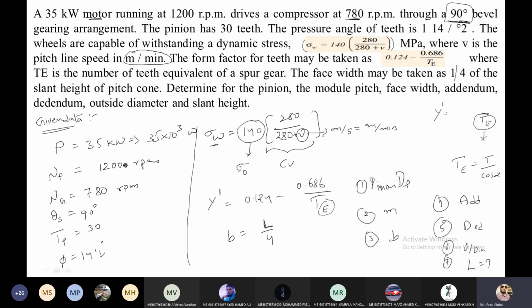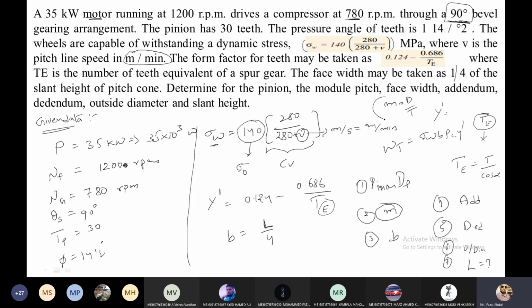Okay, now one by one we are calculating. See here, to calculate the module, what relations do we have? We have the relation module is equal to d by t. Another relation we have is the Lewis equation, equal to sigma w into b into pc into y dash.